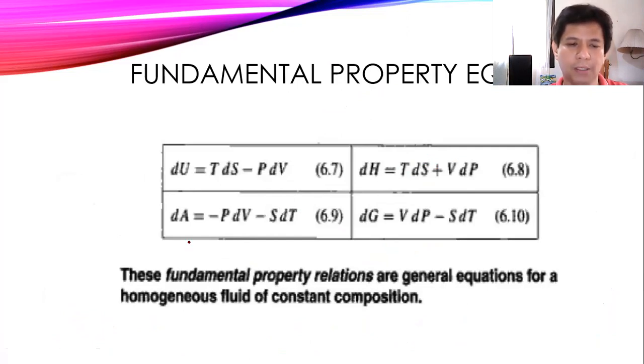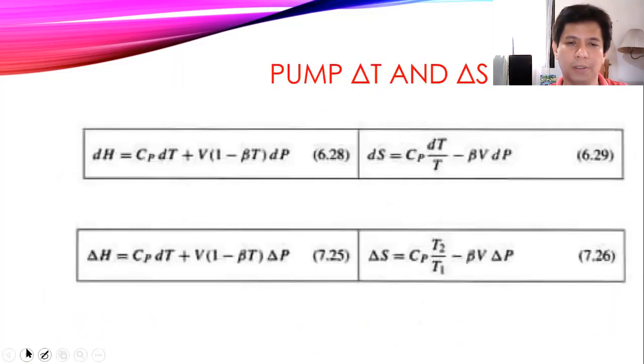Tapos, from the fundamental equation, if you still remember, you can derive the Maxwell equation. Ano? So, we're going to use one of the Maxwell equations to derive this equation. Kasi generally sa pump problem, you are also required to calculate delta T. So we're going to derive these equations. Ano?